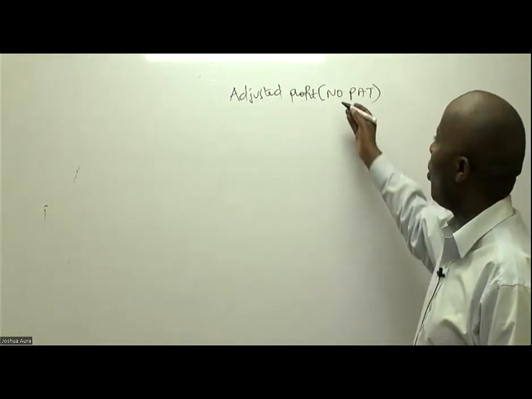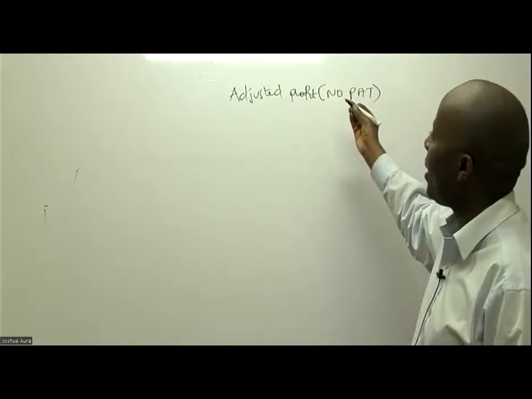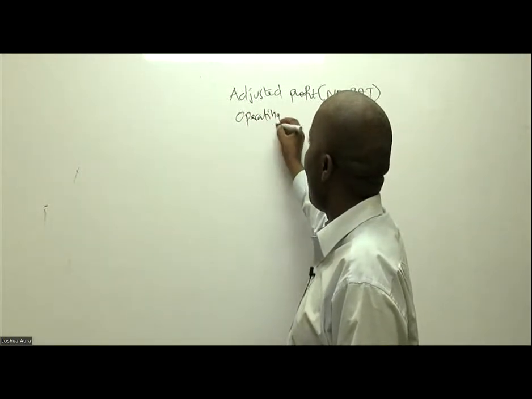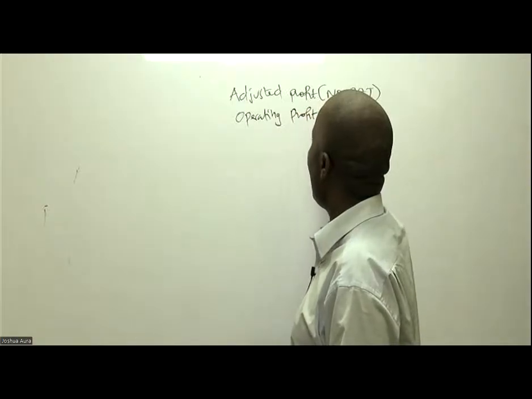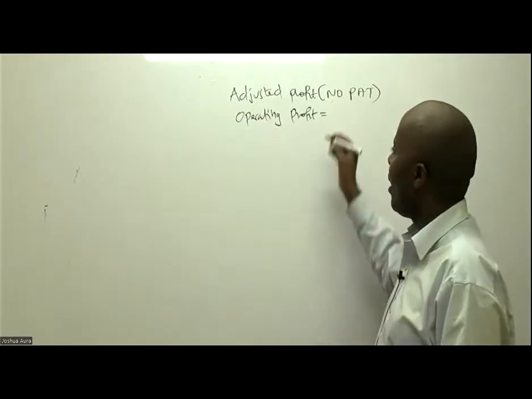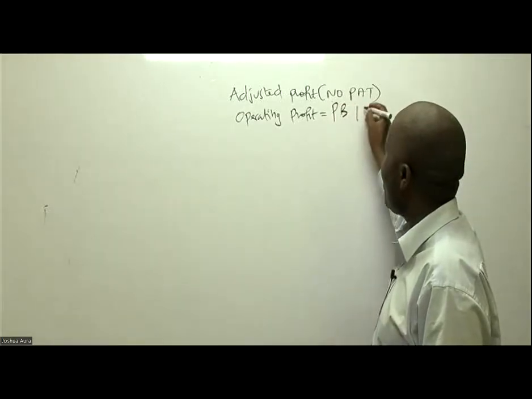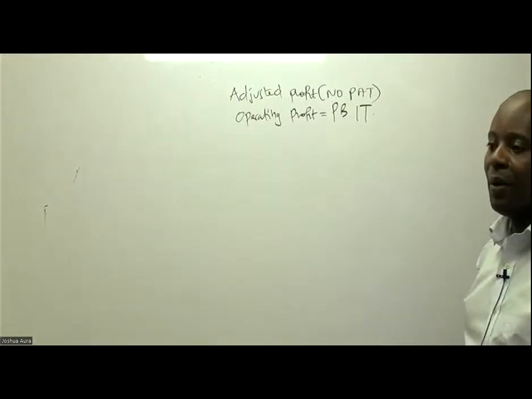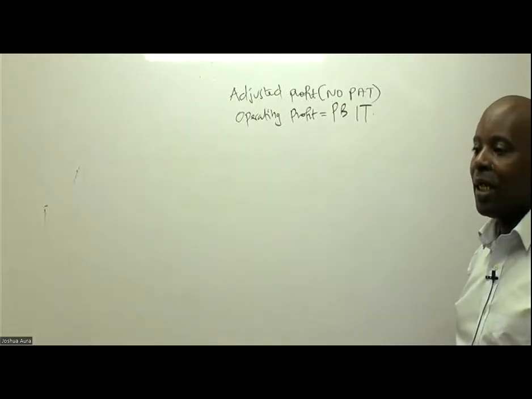And because we are talking about NOPAT, when they talk about operating profit, ladies and gentlemen, it is always the same as profit before interest and tax. Profit before interest and tax, right?